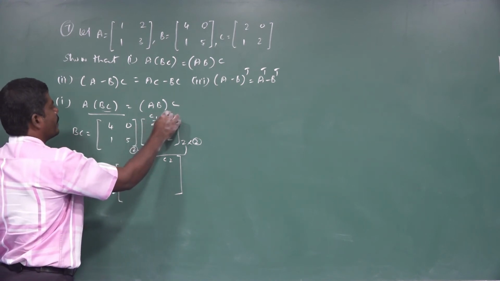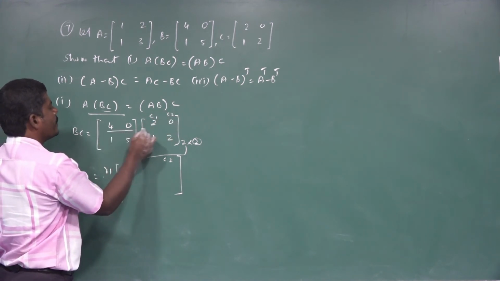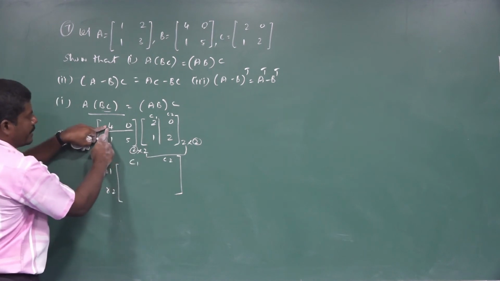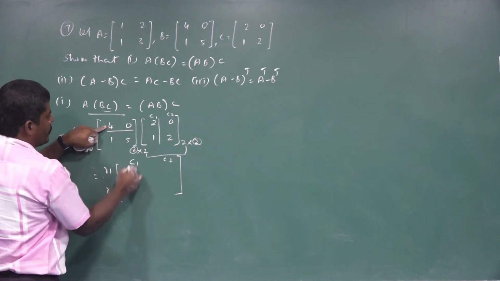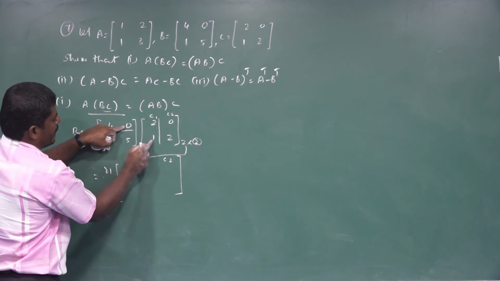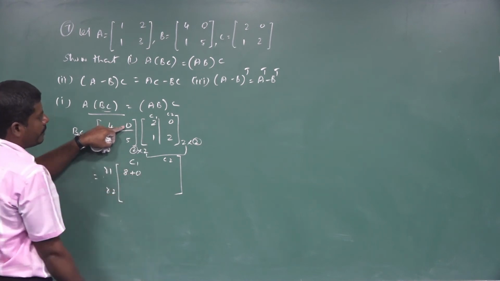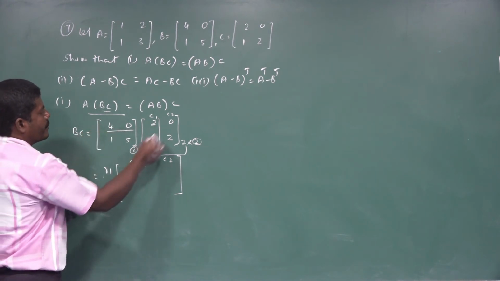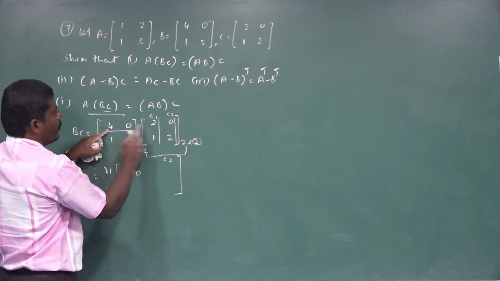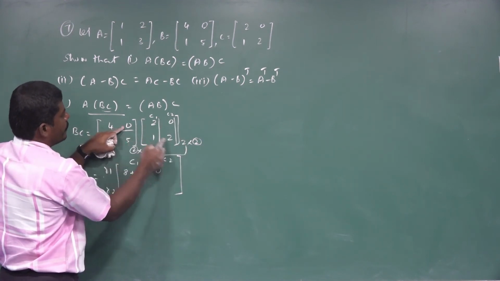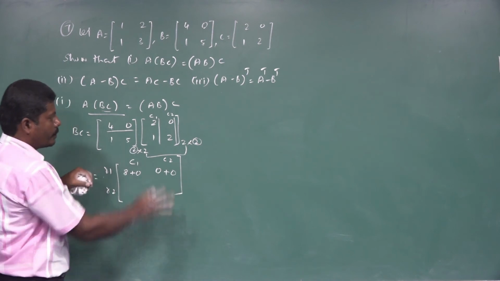Now we take first row and first column. 4 2s are 8. 0 multiplied by 1, 0. First column is over. Next you multiply the second column. 4 multiplied by 0, 0. 0 multiplied by 2, 0. So 2 columns are over.